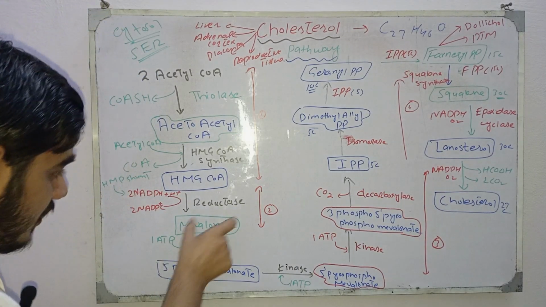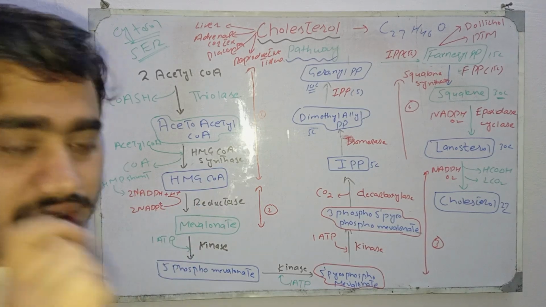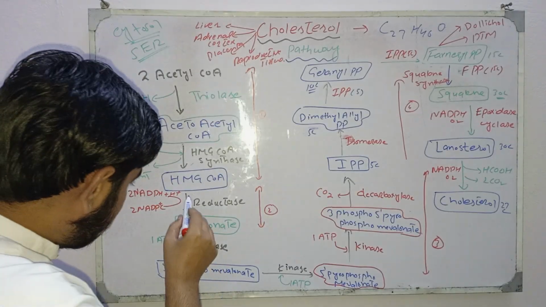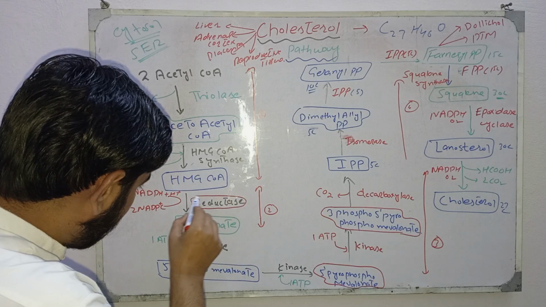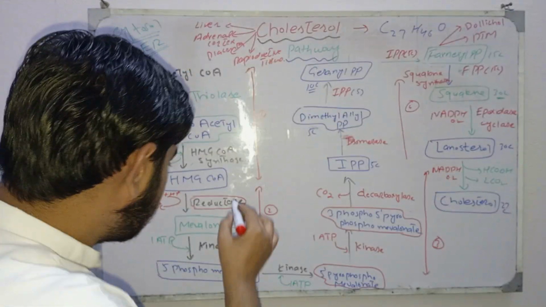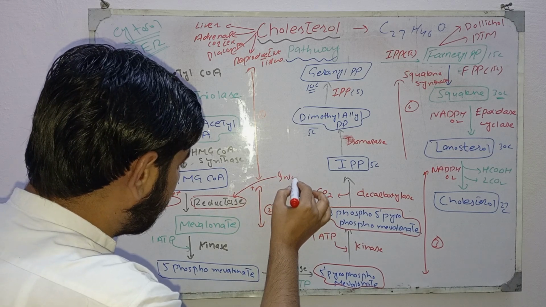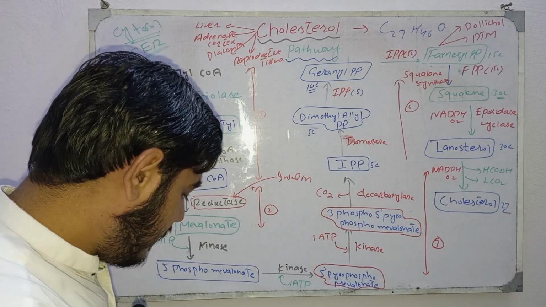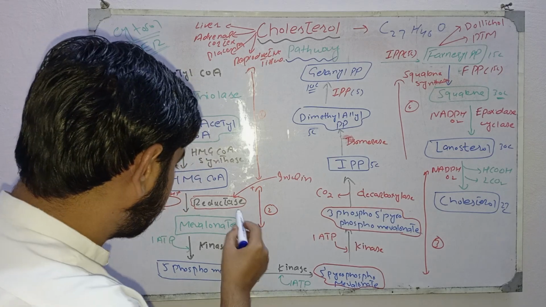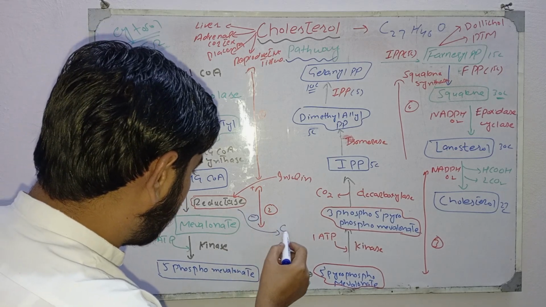This HMG CoA reductase enzyme is a regulatory enzyme. This enzyme is activated by insulin and inhibited by glucagon.